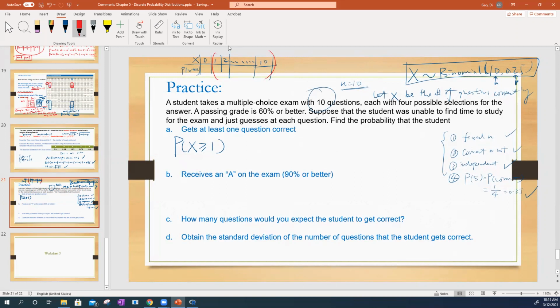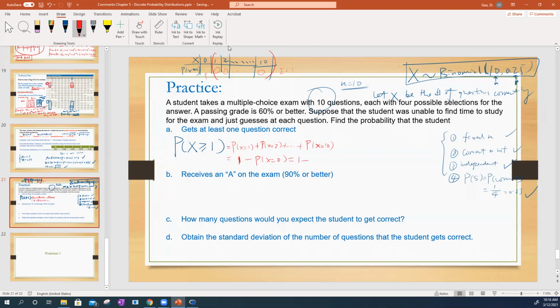Probability of x equals 1, plus probability of x equals 2, up to x equals 10. So you have 10 terms to add up together. That's hard to calculate. We also know the sum is 1, right? So if we want the sum of all those values, we just need to use 1 minus this one. Take this one out, and that's the sum of the rest. So that's actually 1 minus the probability of x equals 0.